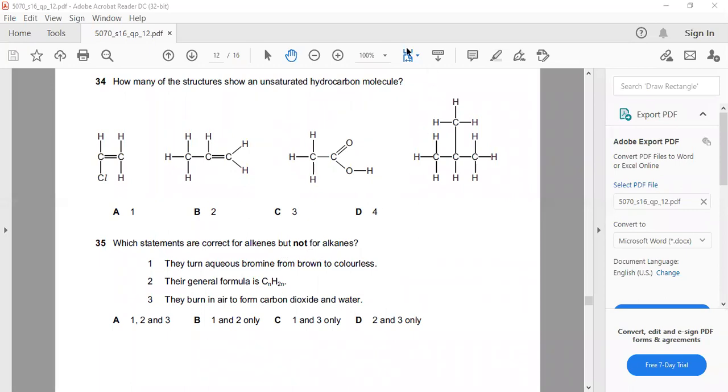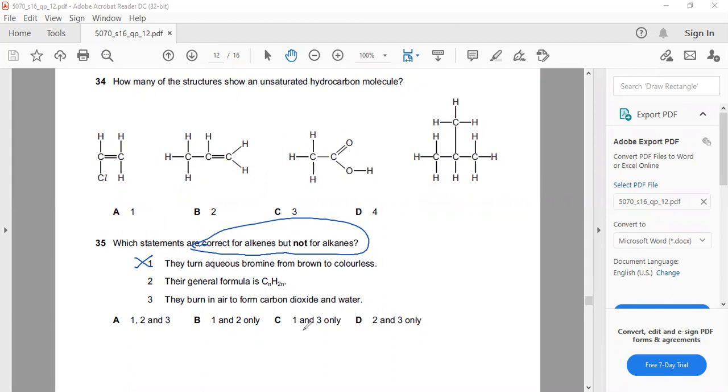Which statements are correct for alkenes but not for alkanes? They turn aqueous bromine from brown to colourless.